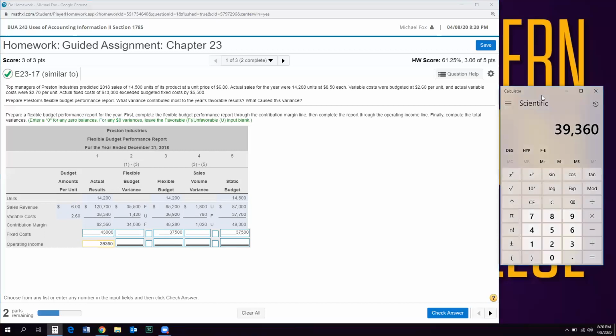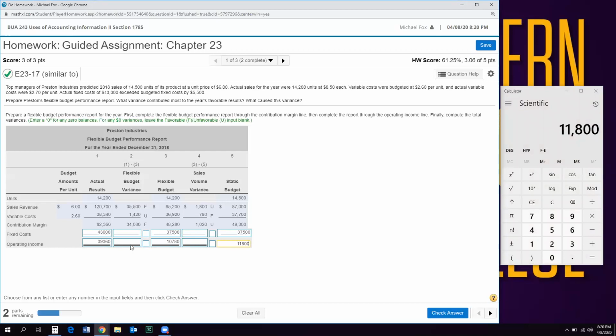On our flexible budget, 48,280 minus 37,500 is an operating income of 10,780. And then on our static budget, 49,300 minus 37,500 gives us an operating income of 11,800.